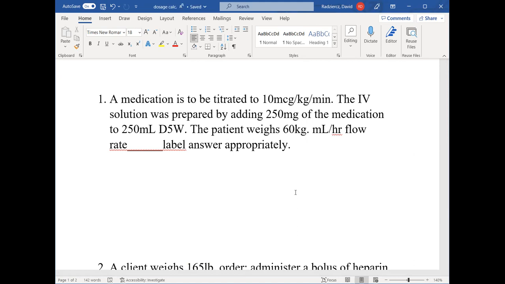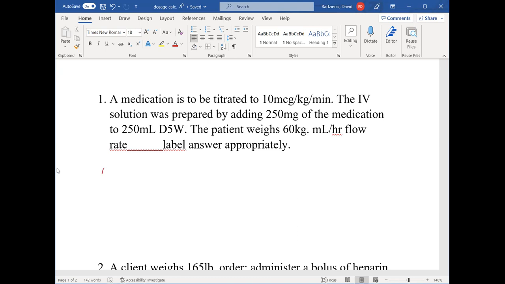I don't think you're going to see this semester, but this is a multi-step question and involves patient's weight plus converting between the metric system and then converting from a different rate to another rate, meaning the rate currently is 10 micrograms per kilogram per minute, and we're going to convert that to milliliters per hour. So I'm going to show you how to do that.